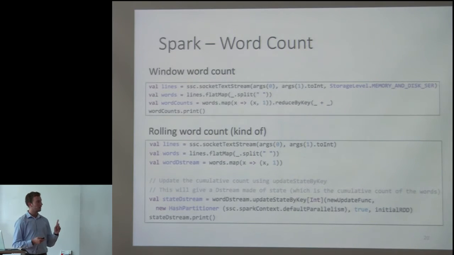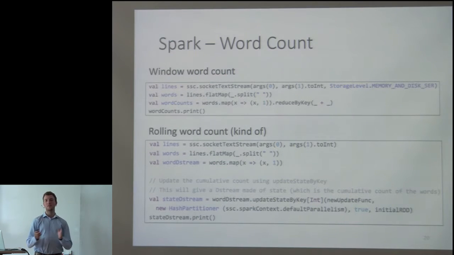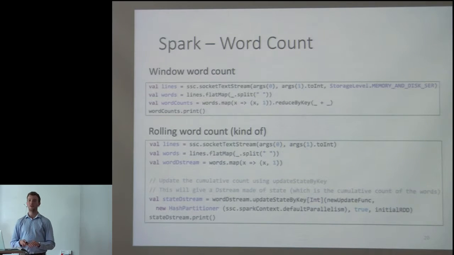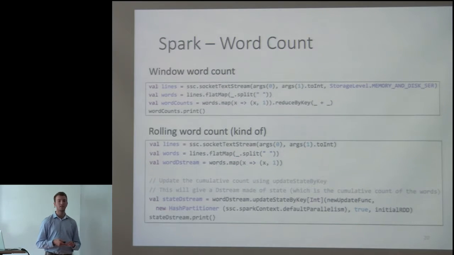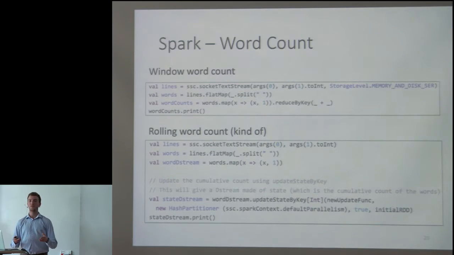But what you can do in Spark instead of a true rolling word count is a rolling word count where you actually get the results after receiving each micro batch, which can be implemented by using the update state by key method, which lets you update a state that is kept for a specific key in the data by receiving the tuples for the next micro batch and applying an update function to the state. So in this case, the state for each key is stored as an RDD as well.